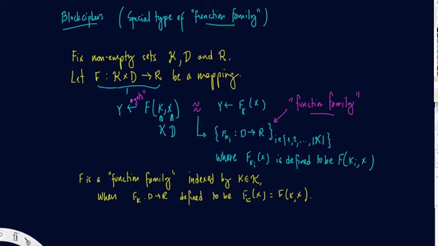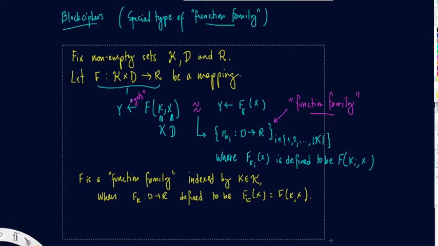Right, so that's the idea of a function family, and we introduced a bit of notation. Let me explain why I said block ciphers are a special type of function family. Let's get rid of all this stuff for the moment.